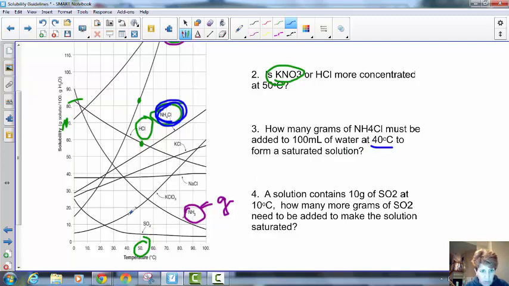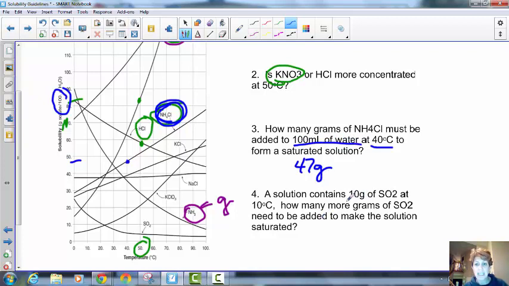So I go here to 40, and I go up, and this is where it crosses. So I go across. That looks like it's about 47 grams. Now remember, you're given a leeway of about plus or minus 2, so it's okay if you said you think it's more like 48. And I also just want to point out that there's 100 grams of water in this solubility chart, and it asked me per 100 milliliters of water. All right, the next question.